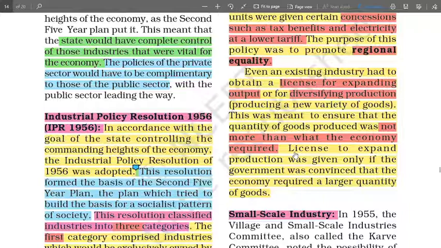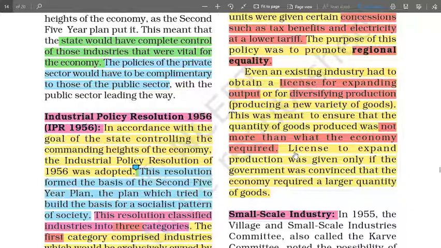It wouldn't give the license as they asked for. So this is the discussion on why the government regulated the private sector. You understand why? No? Because it wants to see that the goods that they produce are what the economy needs.